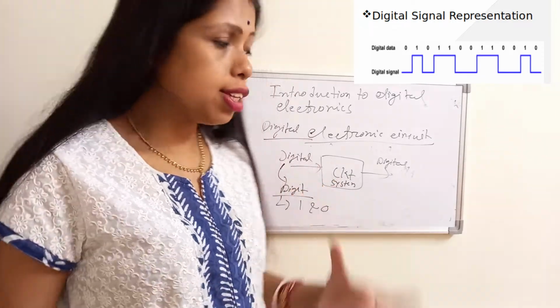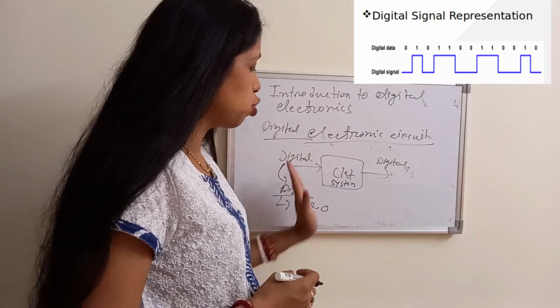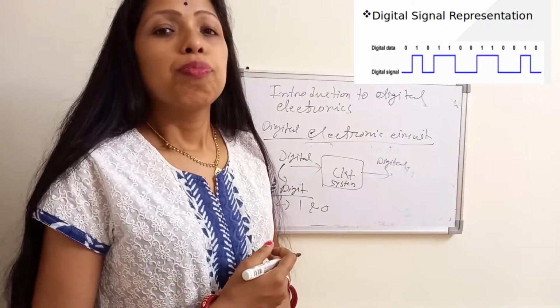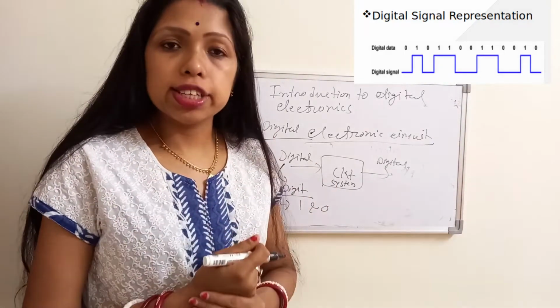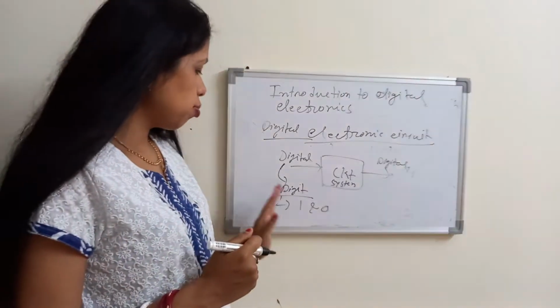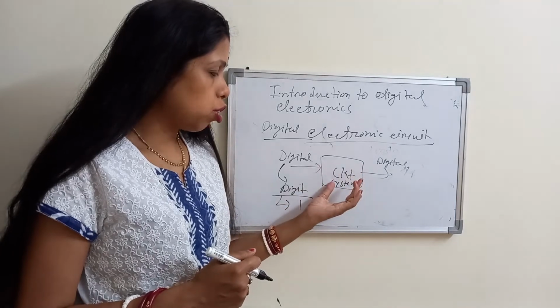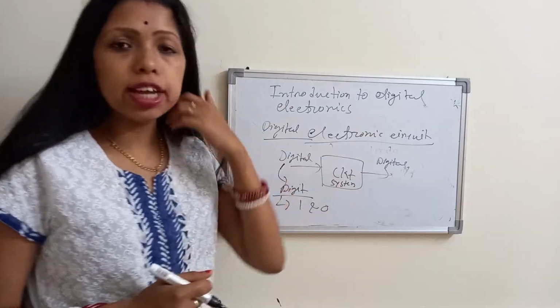If we send this kind of information, 1 and 0, into a system or circuit, the circuit is called a digital circuit. If you send information like 1 and 0 into the system, it is called a digital system or digital electronic circuit.